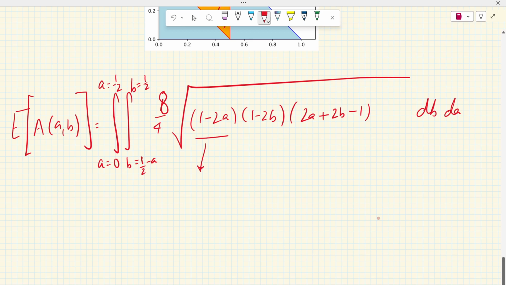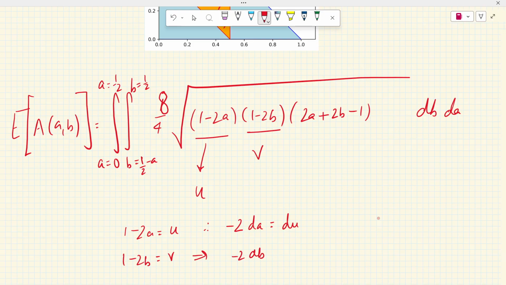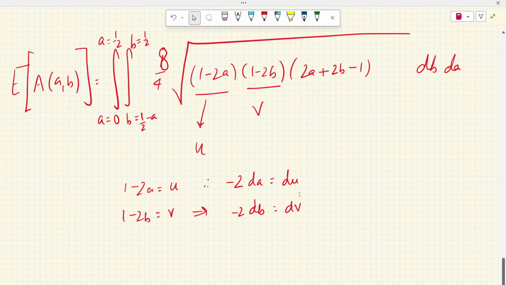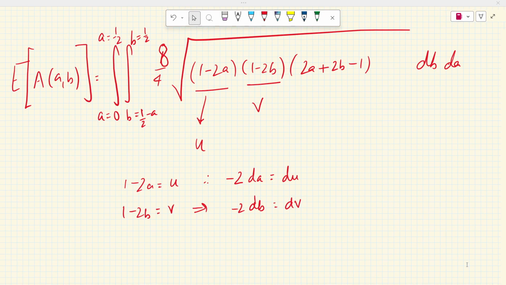So if we substitute this as u and this as v, then 1 minus 2a is u, therefore minus 2 dA would be equal to du. And if 1 minus 2b is v, this will imply that minus 2 dB becomes dv. Now for the limits, when a is 0, then u becomes 1. When a is 1/2, u becomes 0.